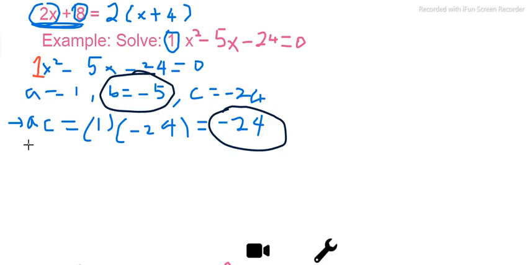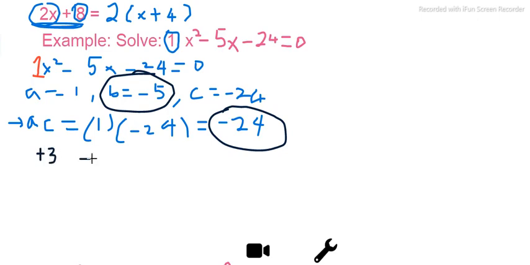Are you with me? Factors of 24 are 1 and 24. 1 times 24 will give us 24, but there is no way we can combine 1 and 24 to give us minus 5.